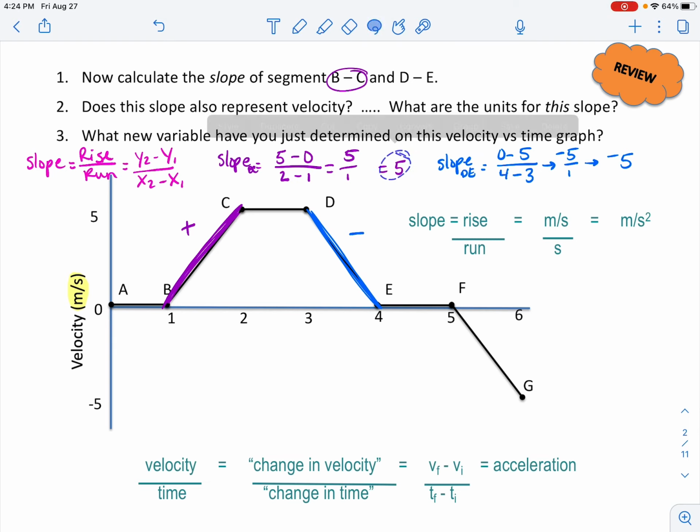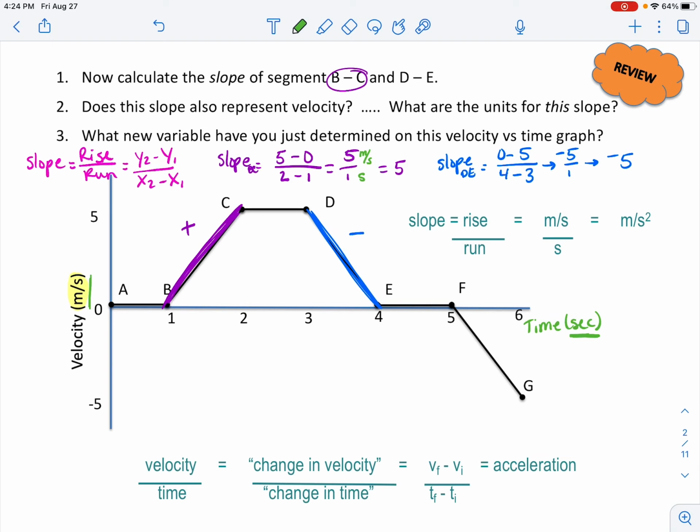I have my y-axis, which is measured in meters per second, and I have my x-axis, which I apologize, I did not put the label on this one. We've looked at it so many times. I got lazy. My x-axis has a unit of seconds.